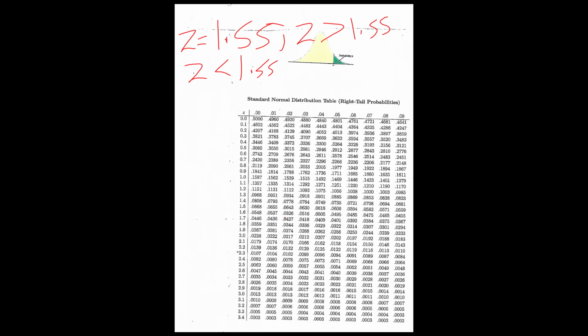First of all, we break it down: 1.5 and 0.05, correct? Then you can guide me on what we do from here. We look for where there's 1.5. Yes, 1.5 is this side. Then we start looking for 0.05, which is this side. So they meet somewhere here.